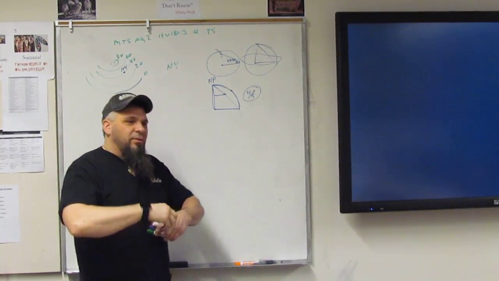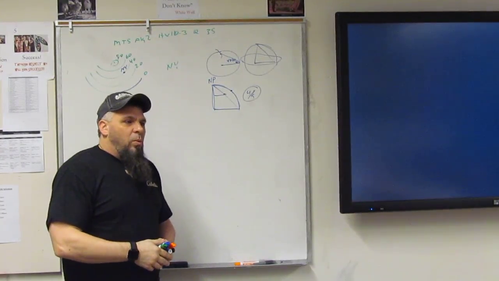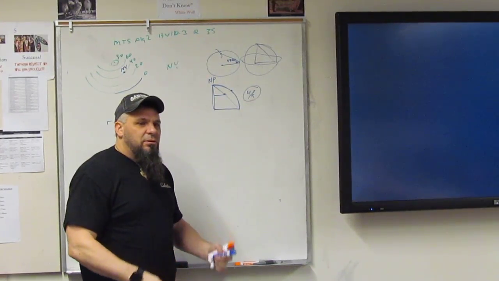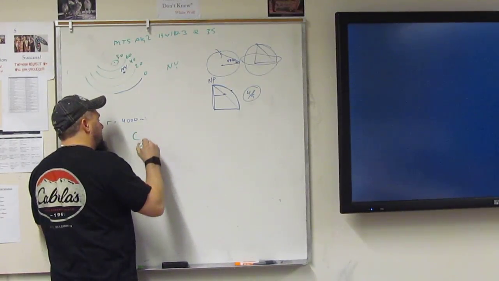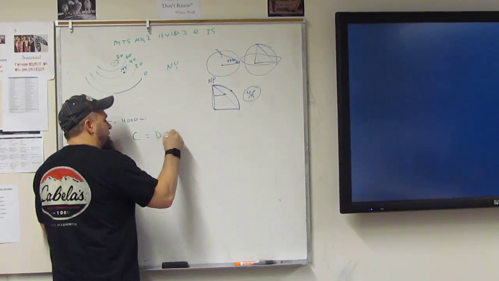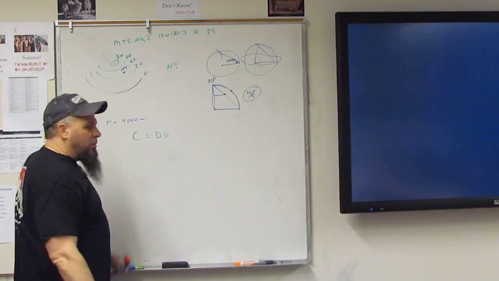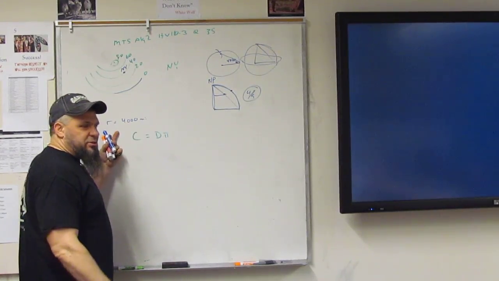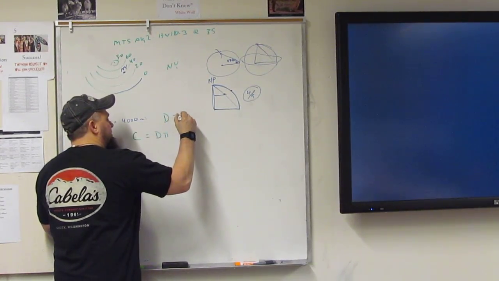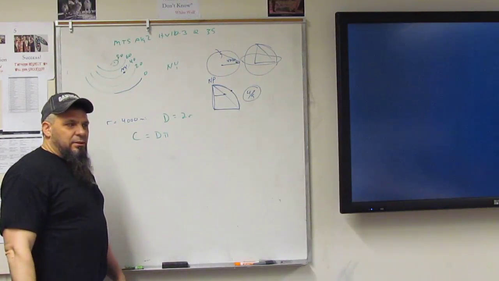So I'm going, okay, well this is really easy, because what's the circumference of a circle? So the circumference of a circle is equal to d pi, right? Well, what's the diameter? It's 2r, right? D is equal to 2r, right?